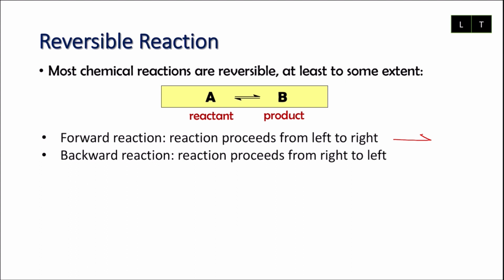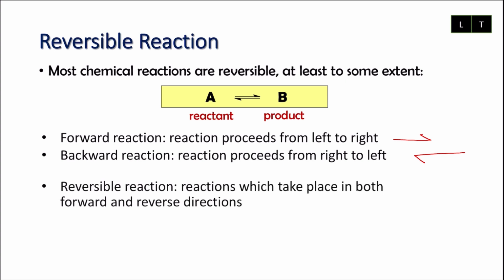And the next one, this is for reverse reaction, proceeds from right to left. So reversible reaction ni adalah reaction yang akan mengambil tempat dalam kedua-dua direction, forward and reverse. Dan kita gunakan simbol reverse sign like this one untuk indicate reversible reaction.